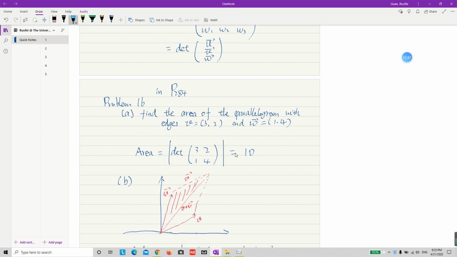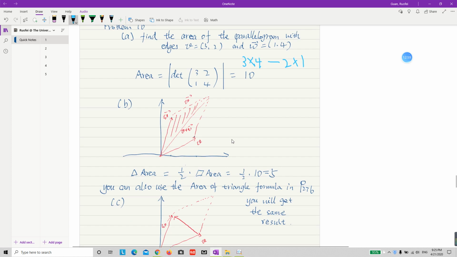So it is 3 times 4 minus 2 times 1. So it's 12 minus 2, so we get 10 here.